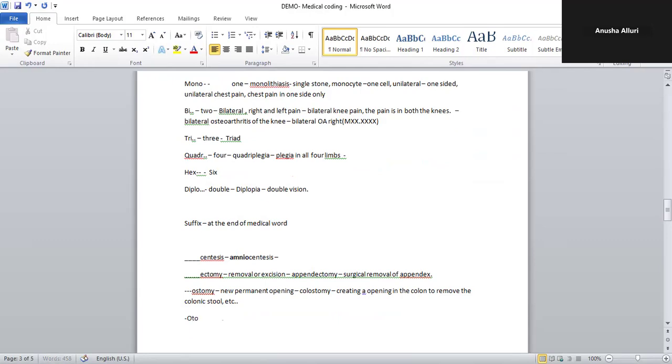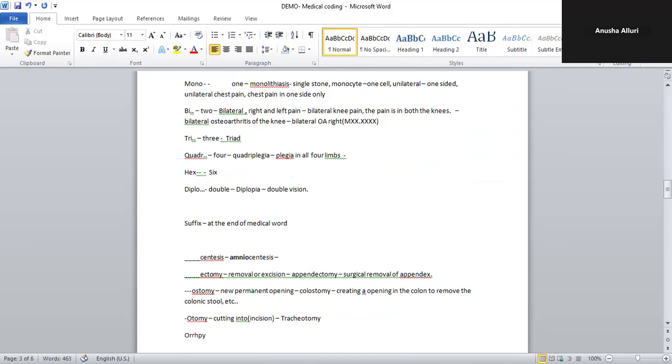Otomy means opening into, cutting into, incision, like tracheotomy, for example.